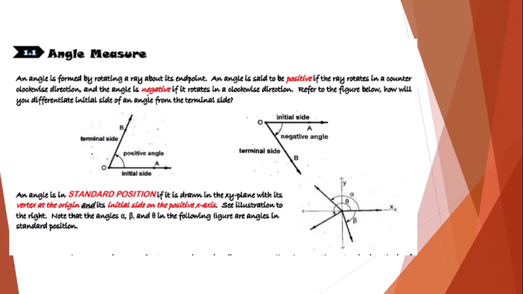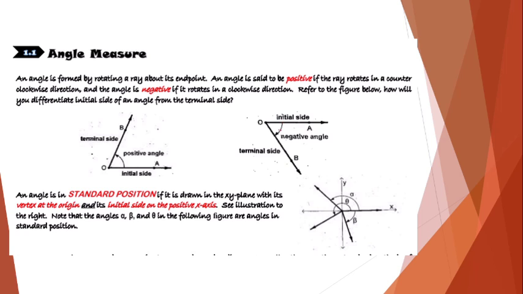So, in angle measure, an angle is formed by rotating a ray about its endpoint. Okay, that is the angle. An angle is said to be positive if the ray rotates in a counterclockwise direction. And the angle is negative if it rotates in a clockwise direction.